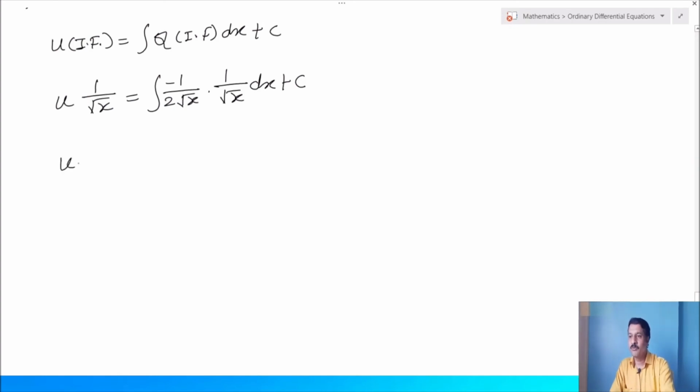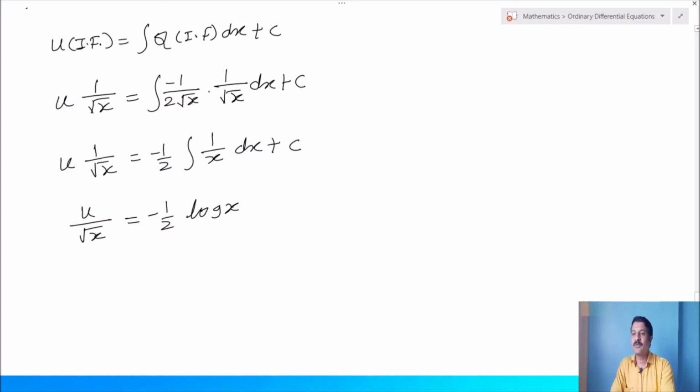So u times 1 by root x equals minus half outside, and I am getting the integration of 1/x dx plus c. So u upon root x equals minus half, and what is the integration of 1/x? It is log x plus c.